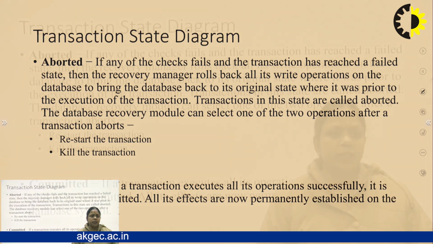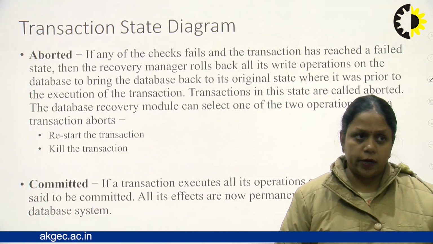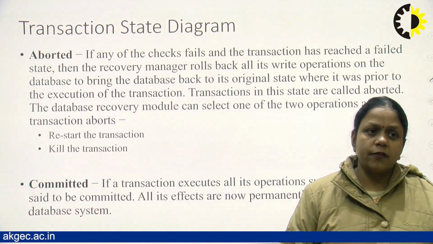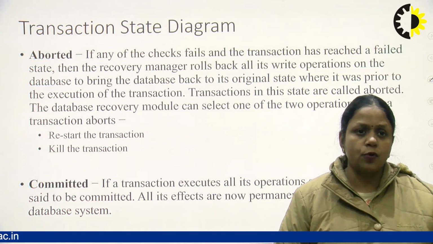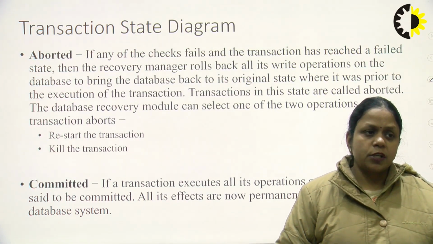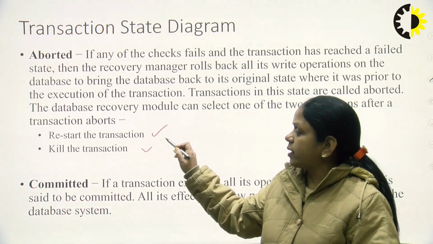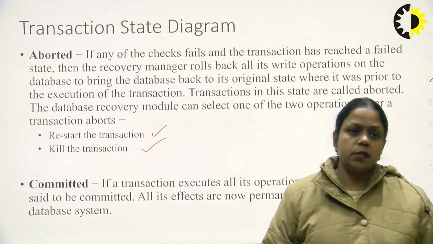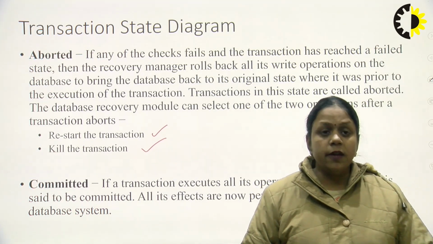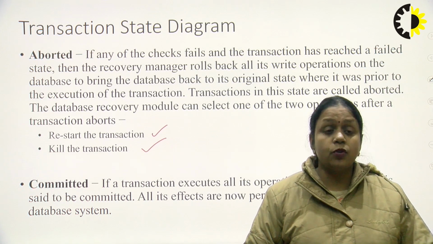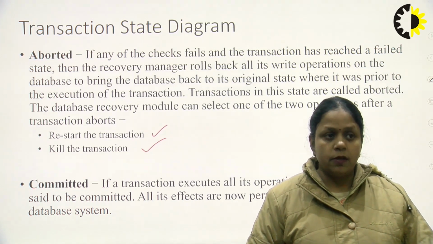Transactions in this state are called aborted. The database recovery module can select one of two operations: restart the transaction or kill the transaction. So the aborted state is the state where we mostly roll back the transaction.